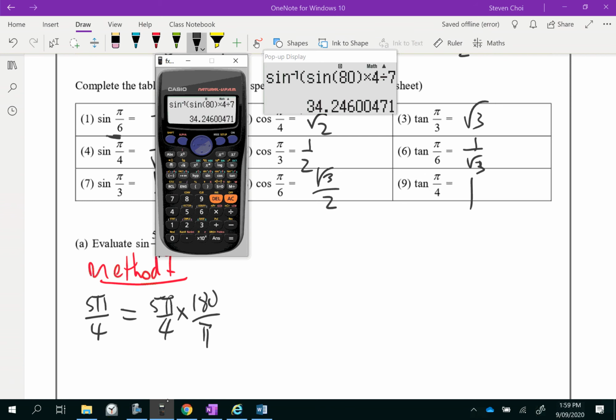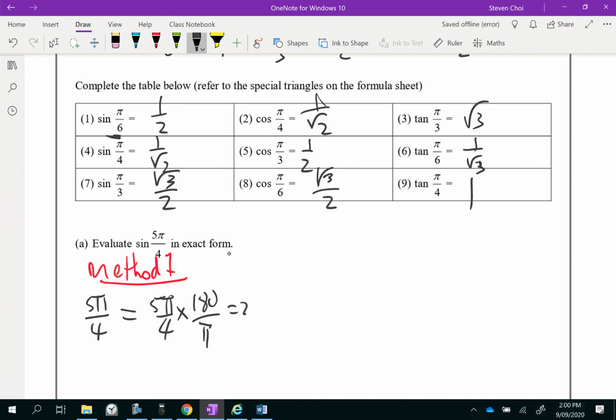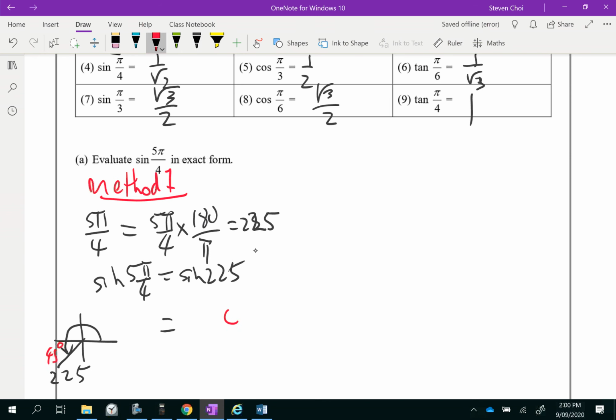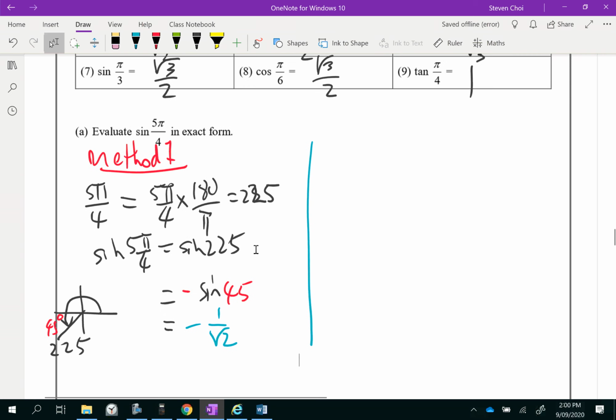Let's see what we get. 5 divided by 4 times 180, so you get 225. Then you write sine 5 pi over 4 is the same as sine of 225. Then just use the previous method: that's in the third quadrant, and you find the related angle, which is 45 degrees. But it's negative in the third quadrant. So sine 45 is negative 1 on root 2. That's one way. Let me show you the other way.